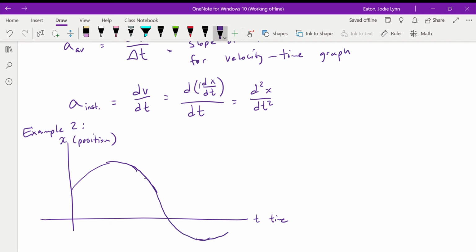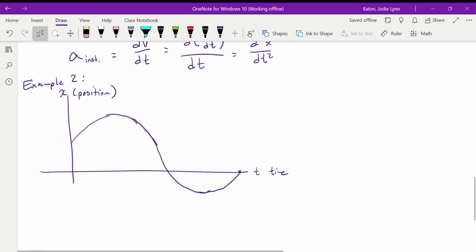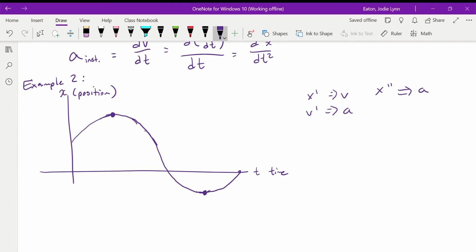And then let's talk about what this position graph means in terms of what we understand about the first and second derivative. So remember, x prime gives us v, and v prime gives us a. X double prime gives us a. So what's happening here? We have a graph and we have 2 critical points, so that means the derivative of this graph is 0.